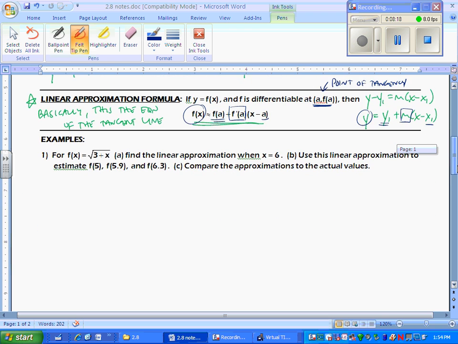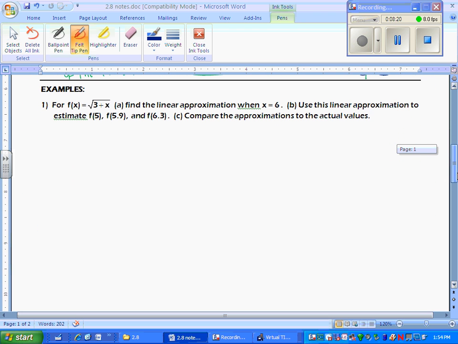So let's go ahead and take a look at an example here. It says for f of x equals square root of 3 plus x, so that's our function, find the linear approximation when x equals 6. So the linear approximation, it's just asking for that equation. Right?